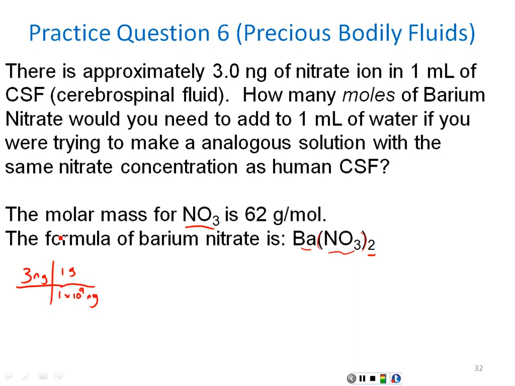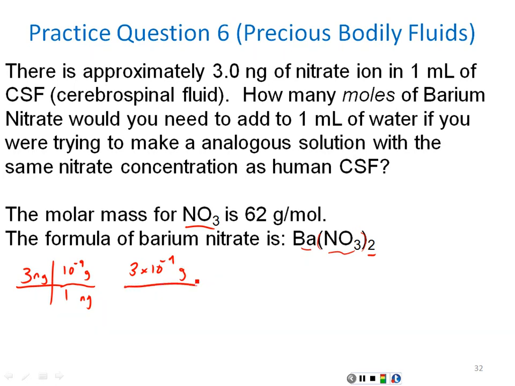Or if you want to remember it the other way, 10 to the minus 9th grams is 1 nanogram. So we have 3 times 10 to the minus 9th grams of nitrate.